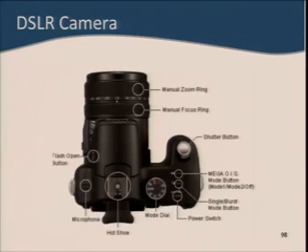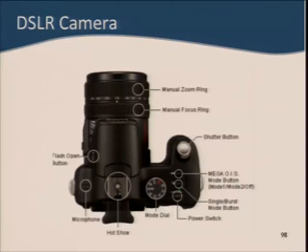You have a single mode or multi-burst mode to capture either one image or multiple images. Then the power button and the mode dial. On this mode dial, you can see M, S, A, and P here. These are the different settings that I mentioned before: manual, shutter priority, aperture priority, and program mode.